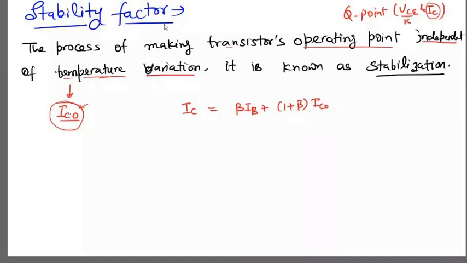So you see IC is a function of ICO, and ICO is a function of temperature. Understood? It means the process of making the transistor's operating point, meaning the collector current, independent of temperature variation, meaning independent of reverse saturation current, is known as stabilization.